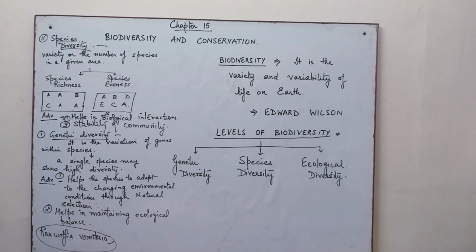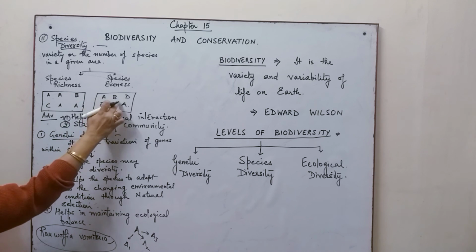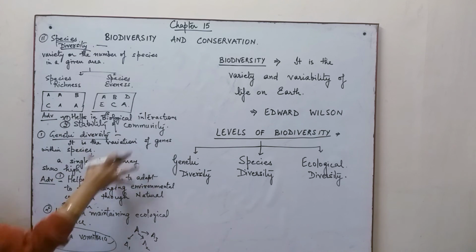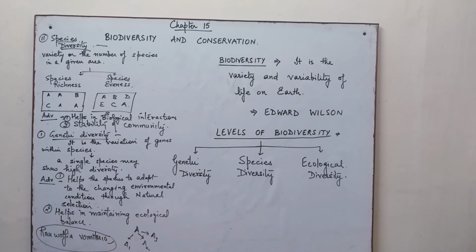So there is a difference between species diversity and genetic diversity. We can understand it better like this: if A is a species, it may have A1, A2, A3, and so on because of genetic variation, whereas species diversity is completely different. So both terms are quite different.